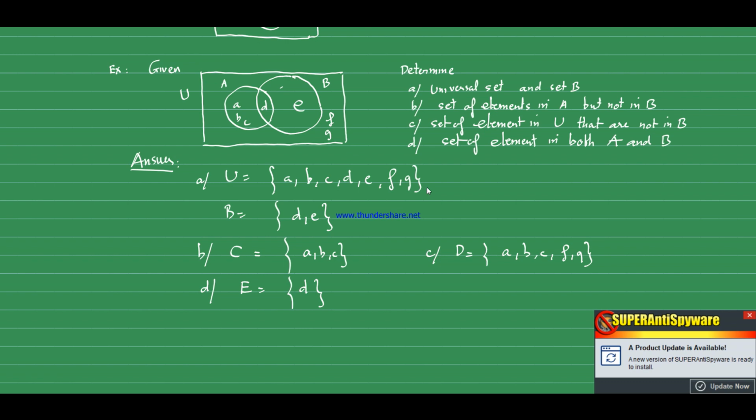We call that the complement set. So we can find a complement of set A. The complement of set A contains all the elements that are not in A but in the universal set.